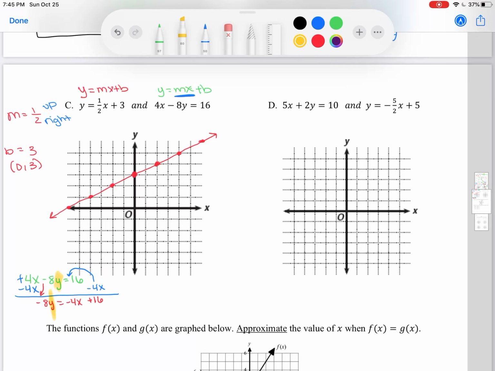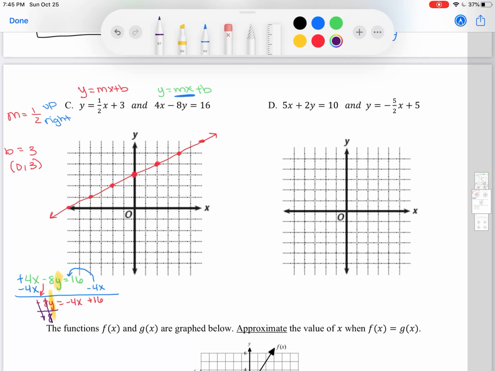Yes, it's a negative. You might think we have to add 8. All right. The reason we cannot add 8 this time is because 8 is attached to that y right there. And the only way to get rid of attached values, meaning they're multiplied right now, the only way to get rid of multiplication is to do the opposite, which is going to tell me to divide.